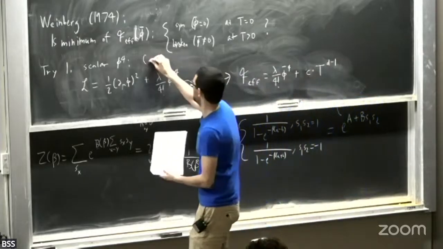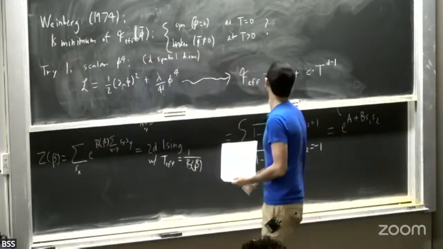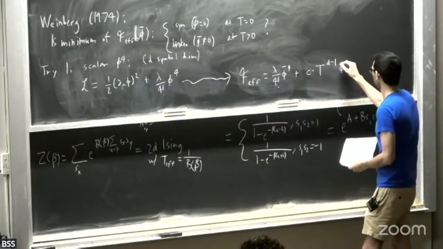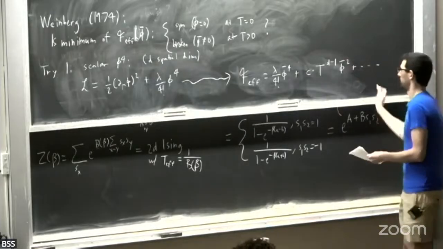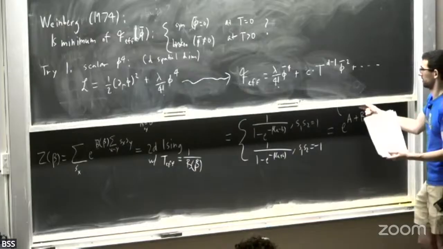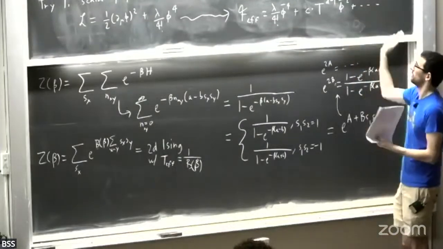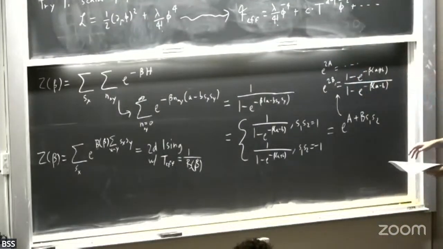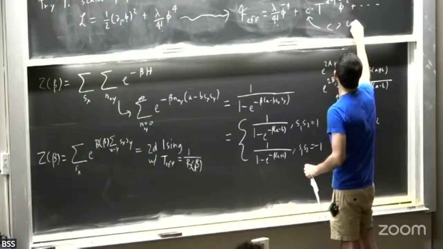This is in d spatial dimensions. There are higher order things that are difficult to compute, or at least to Taylor expand. But morally, one can do this one loop approximation to the path integral. And the important thing is that this number c is positive.